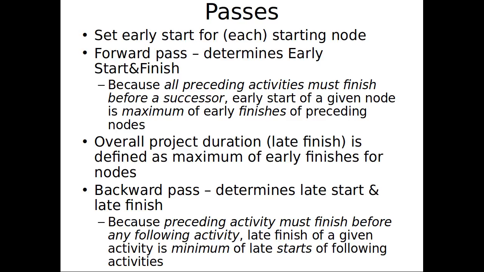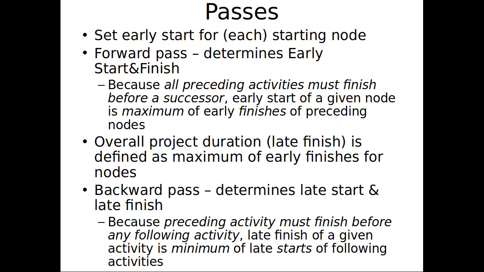Okay? So, going again to our diagram on the board here, if we have B, and it is followed by D and E, okay? And we have a late start of E and a late start of D. The latest each of them can start without delaying the whole darn project.